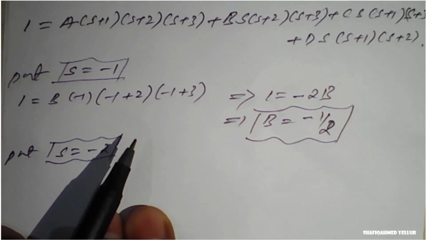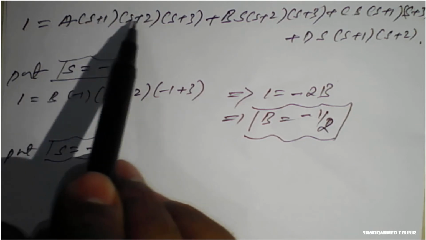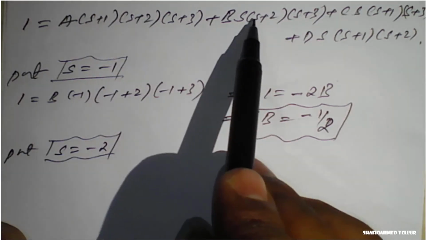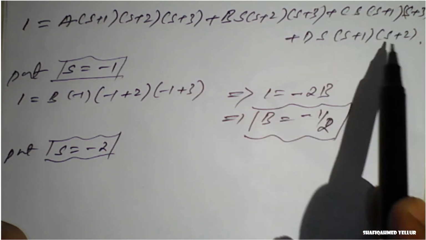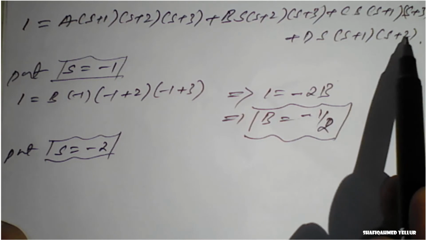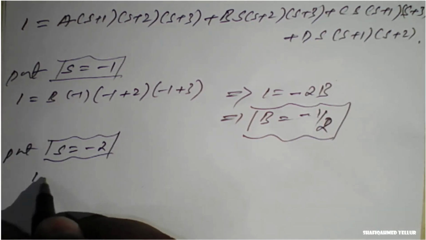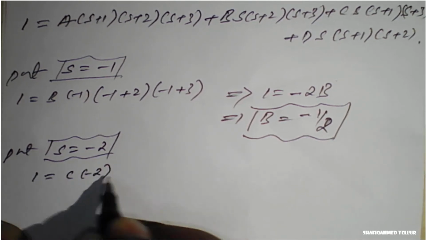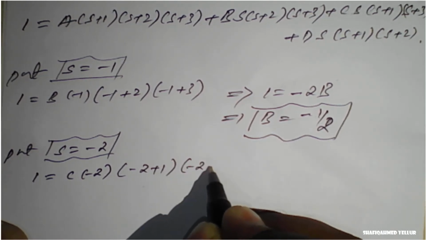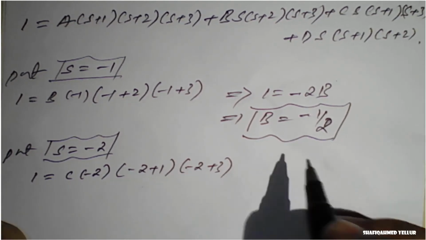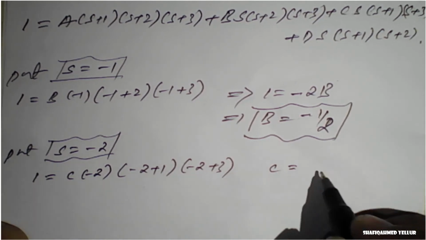If I put s is equal to minus 2 here, minus 2 plus 2 will cancel with 0, so a will vanish, then here also s plus 2 bracket is there, so if I put s is equal to minus 2, this also will vanish, and d also will vanish, because here we have s plus 2 bracket, so only c will be left here, which is nothing but 1 is equal to c into minus 2 into minus 2 plus 1, minus 2 plus 3. So on simplification, the value of c will be 1 by 2.